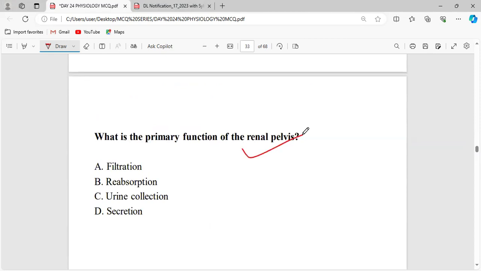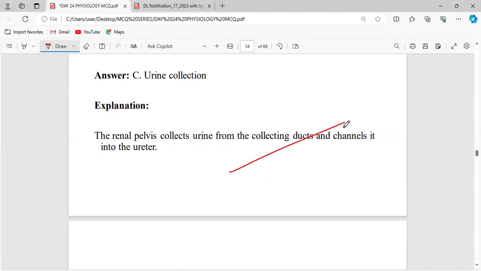Primary function of renal pelvis. That will be urine collection.